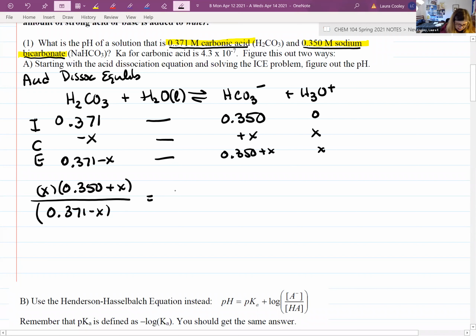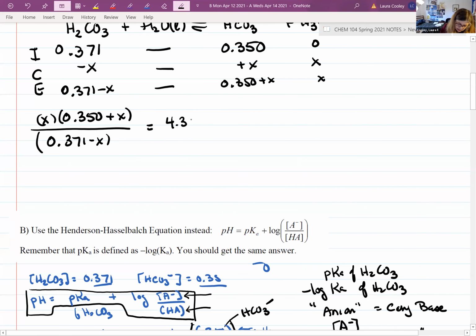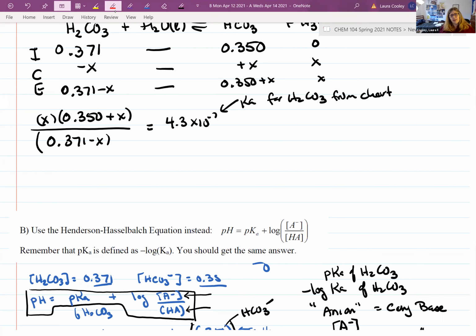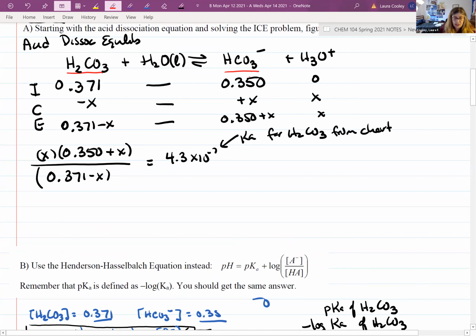And this is equal to Ka, which is 4.3 times 10 to the negative 7th. That's the Ka for H2CO3 from the chart.